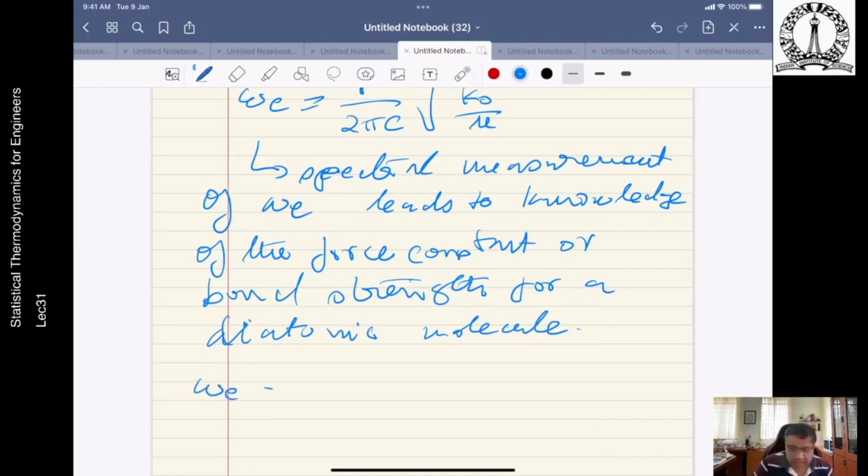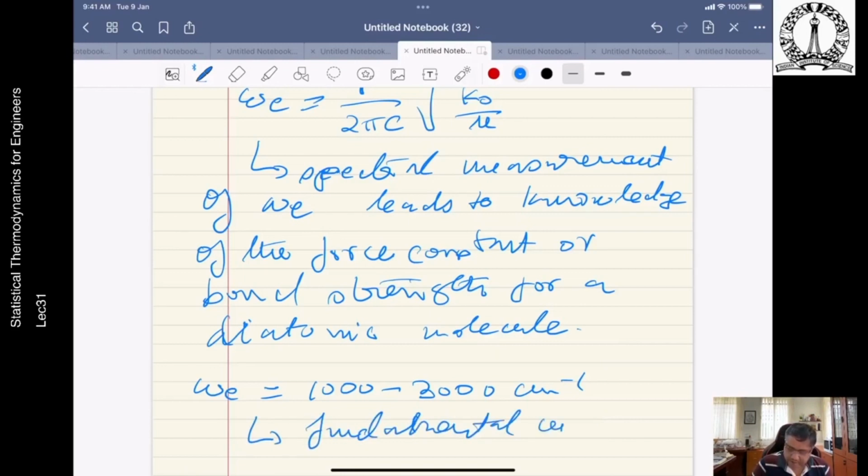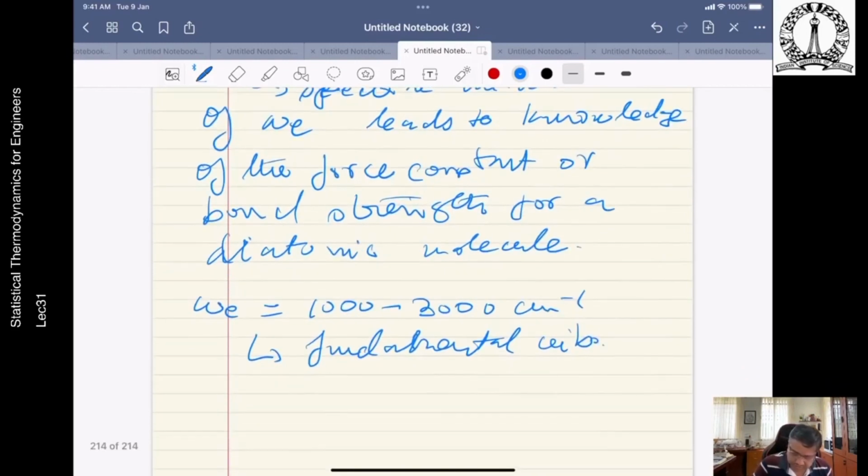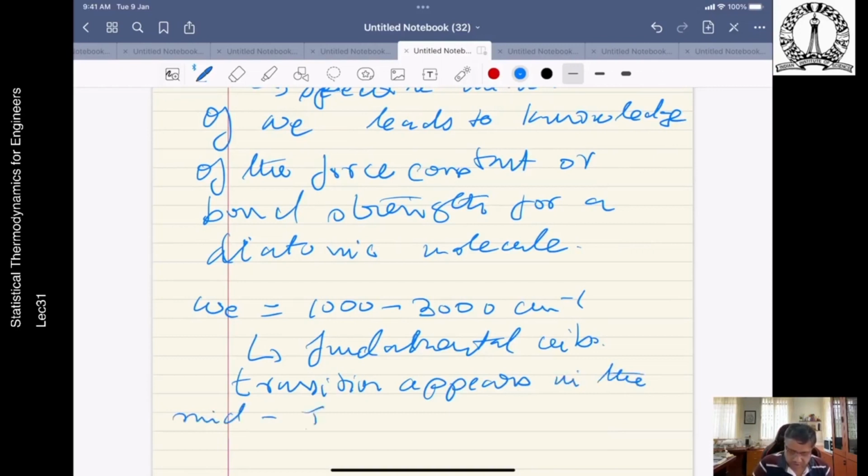Typically omega E is 1000 to 3000 in terms of the wave number. So the fundamental vibrational transition appears in the mid IR portion of the spectrum.